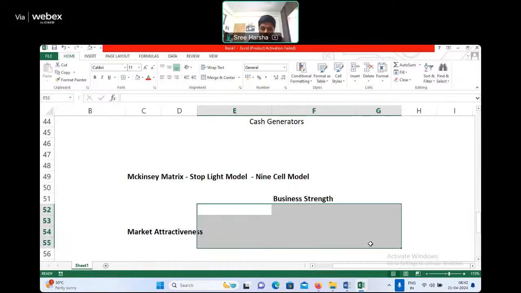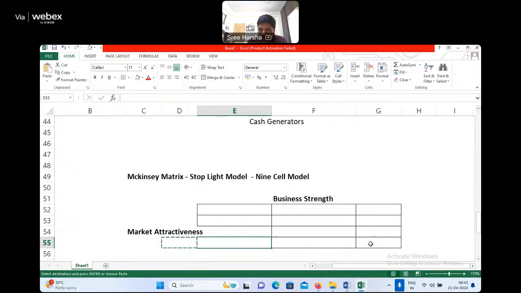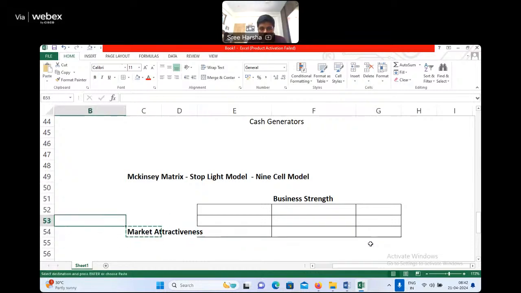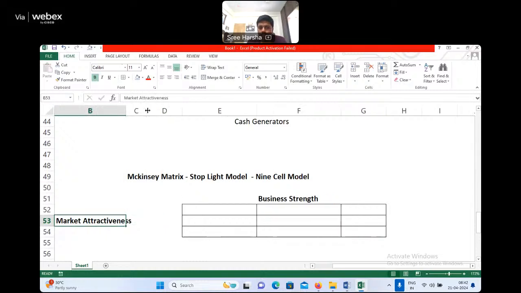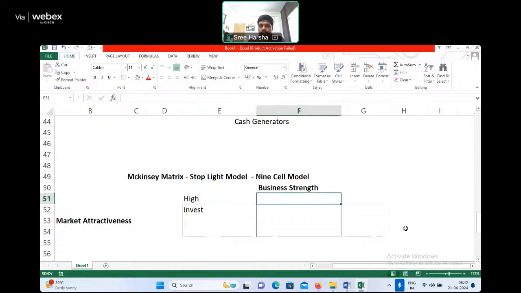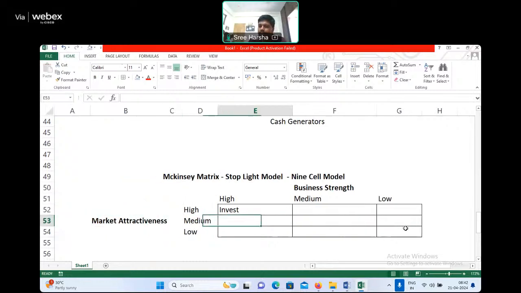I can write it here. Market attractiveness. Invest. When the business strength is high, and medium is additionally considered, which was not there in the BCG, but these guys have given medium as well. When it is a fast growing business in a very attractive market, invest more. Here also invest more. When it is a low scenario, protect.